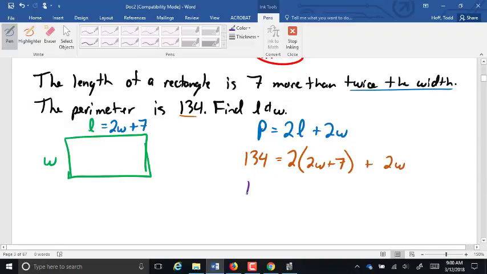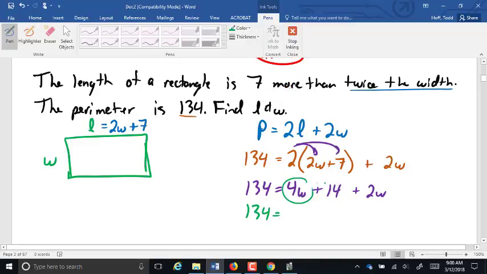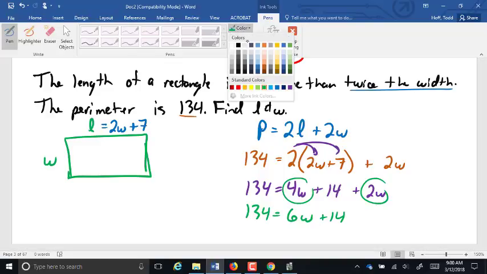We can combine what we can on the right side there. 2 times 2W is 4W. 2 times 7 is 14 plus 2W. And then 4W and 2W is 6W plus 14. Now we've combined everything we can combine.